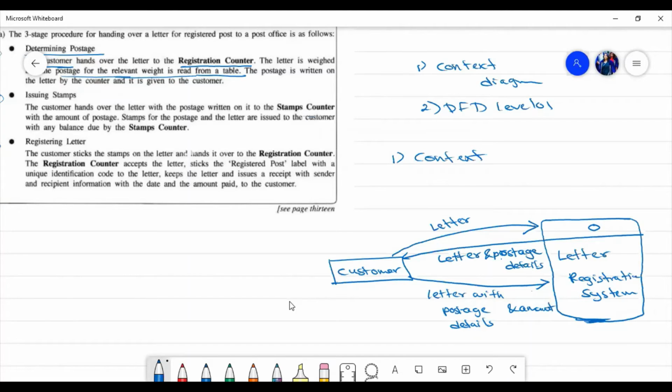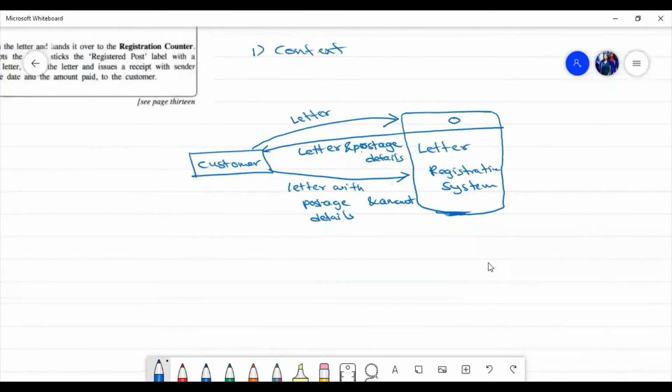Okay, right. And then stamps for the postage and the letter are issued to the customer with any balance due by the stamps counter. So again the system gives some kind of output. What is that? Letter, comma, stamps, and balance amount.